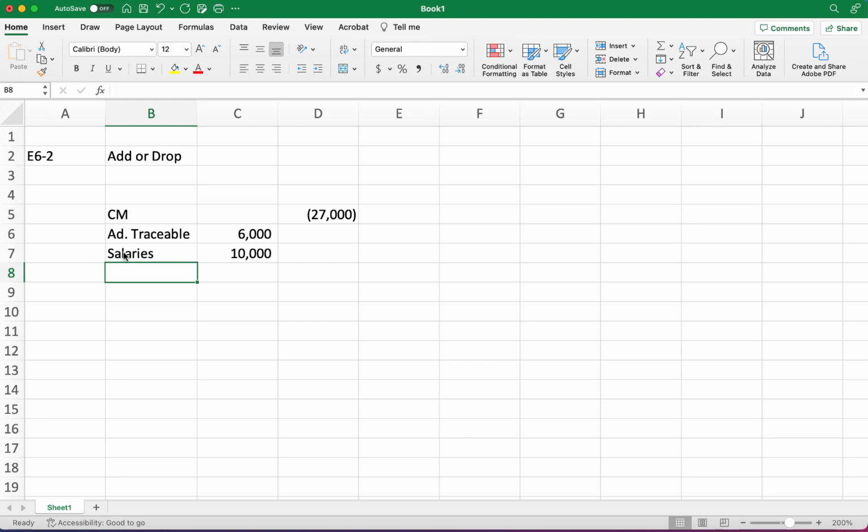But here's the other thing. We can ask ourselves, well, the allocated common fixed expenses to the racing bike division, those $12,000. If we drop the racing bike division, do those allocated common fixed expenses go away? No. They're just going to get reallocated to either the dirt bikes or the mountain bikes.